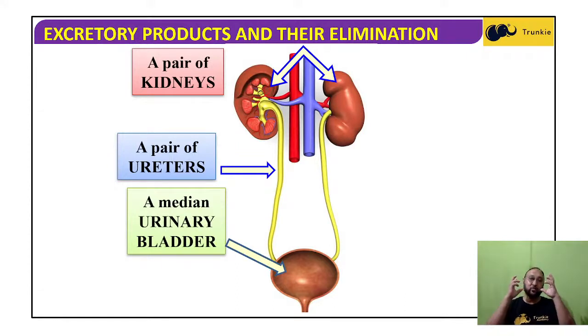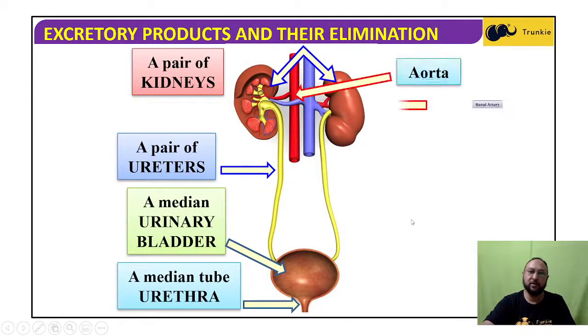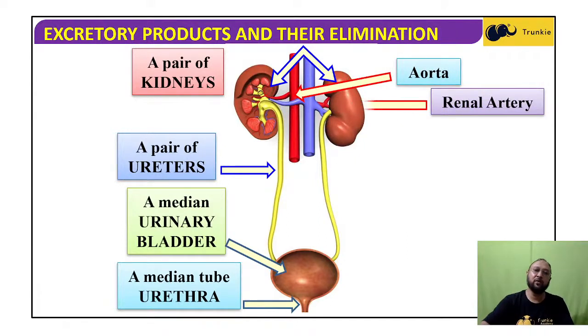Since metabolic reactions are going on, nature has created it in such a way that the two kidneys are able to work efficiently for the removal of nitrogenous waste products. Then a ureter from each kidney, a tubular structure, comes to the urinary bladder, carrying the urine to it. And then the median urethra, the structure through which urine comes out.